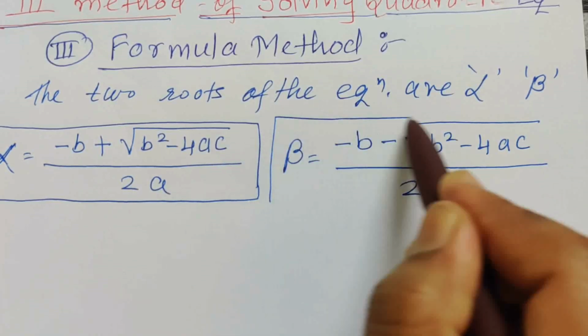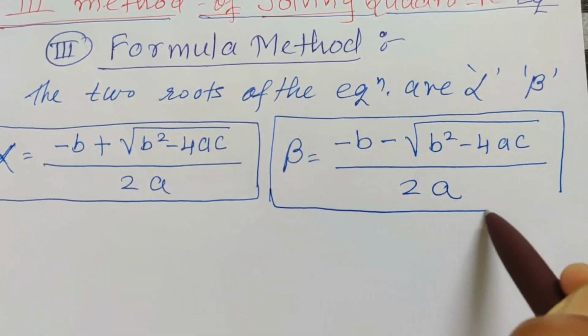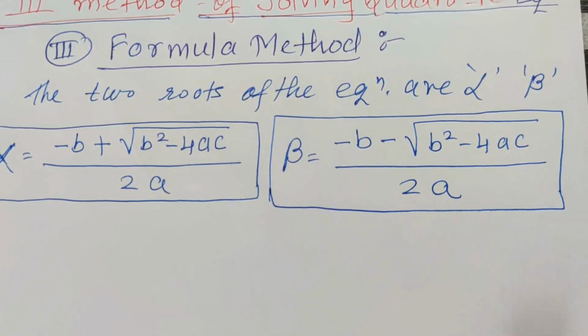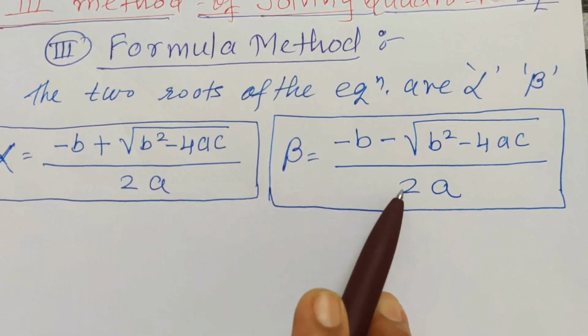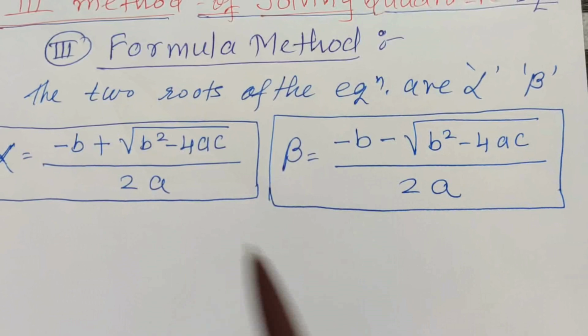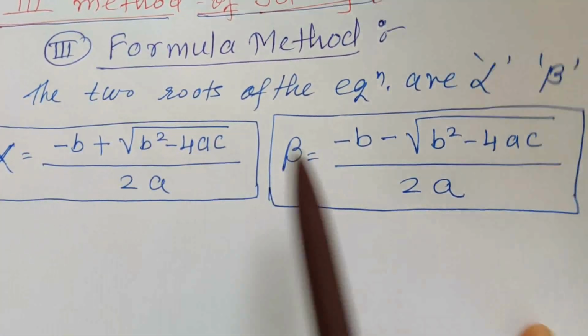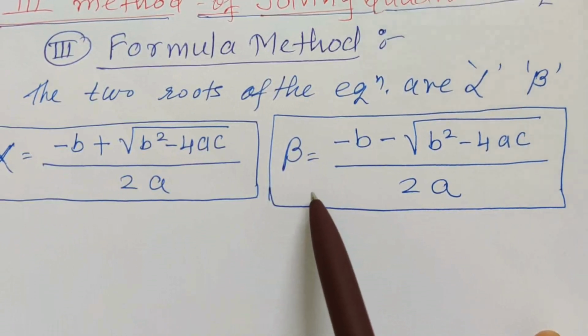This is the formula we use to find the second root of the quadratic equation, which is denoted by beta. So these two separate formulae we can use. Put the values and solve it. You will get the first root, that is alpha, and the second root, that is beta.